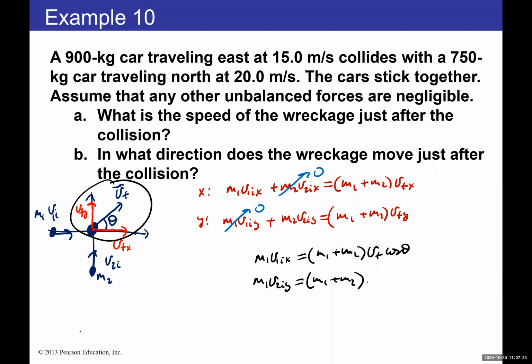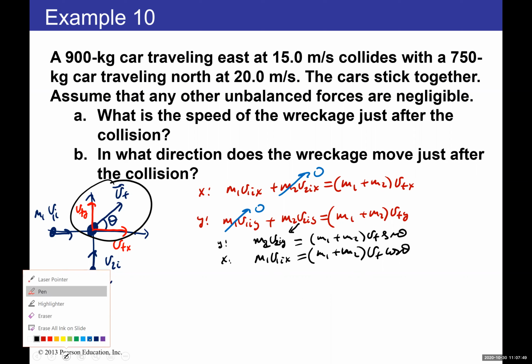What is v final y? Well, let me write the second one on top. m2 v2 initial y, since this one is surviving, equals m1 plus m2 times v final sine of theta. So this is in the x direction, this is in the y direction, whatever survives.